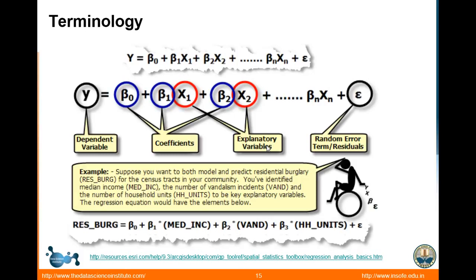Here, y is the response variable or dependent variable, betas are the coefficients, and x1, x2, up to xn are the predictor variables or the explanatory variables, and e is the error, which is the residual or the random error.